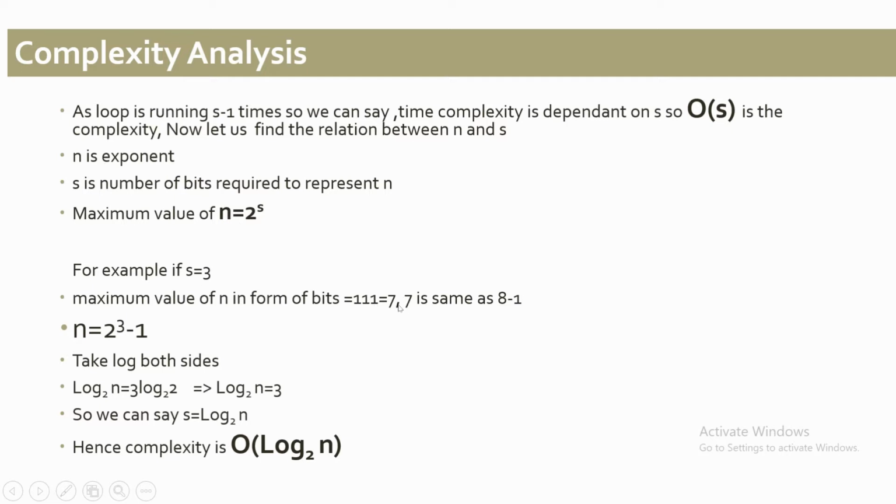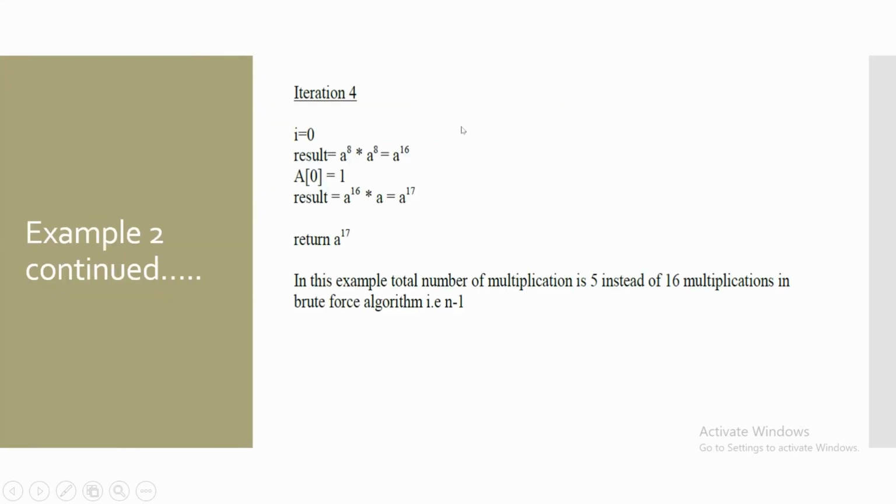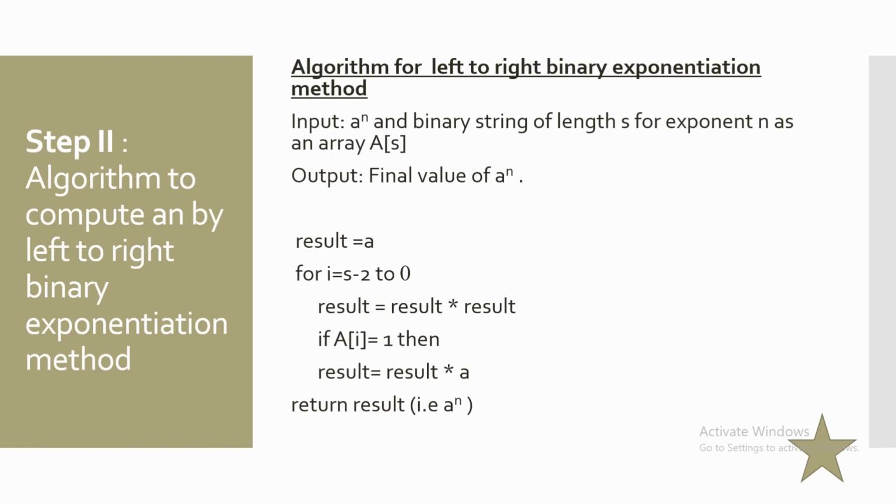So the maximum value to represent is 2 raised to power s. In this way I can represent it, and take log n on both sides, because my time complexity, as we obviously find by viewing this algorithm, depends on how many times my loop runs. This is C1, this is C2 and this is C3. All these are constant, but what about this loop?